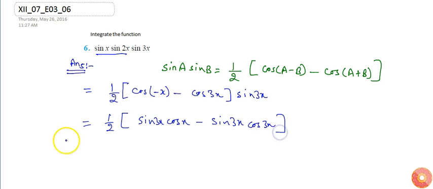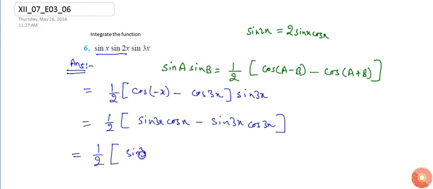So from here I know that sin 2x equals 2 sin x cos x, so it will be sin 6x by 2.